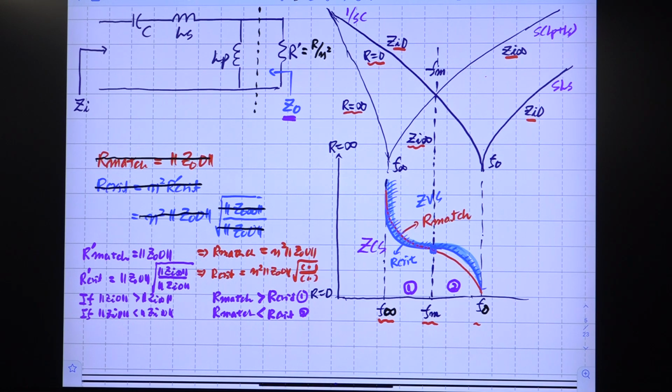Everything is clarified here, so later on we'll be using this relationship. It's not difficult, but it's tricky. If you confuse this, then maybe you will have further confusion later.